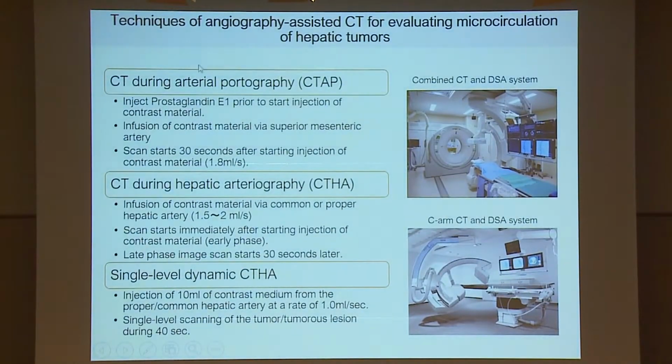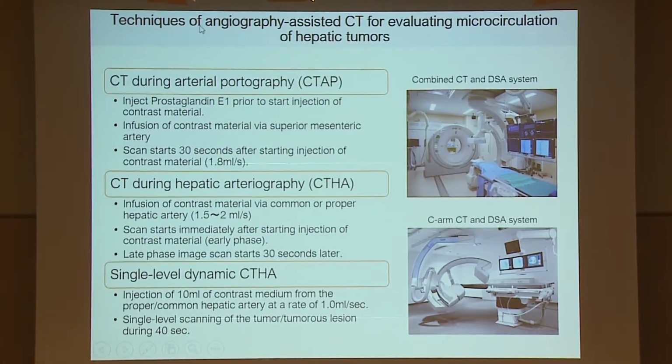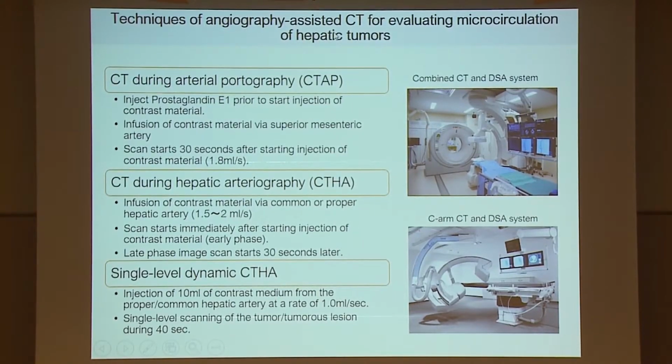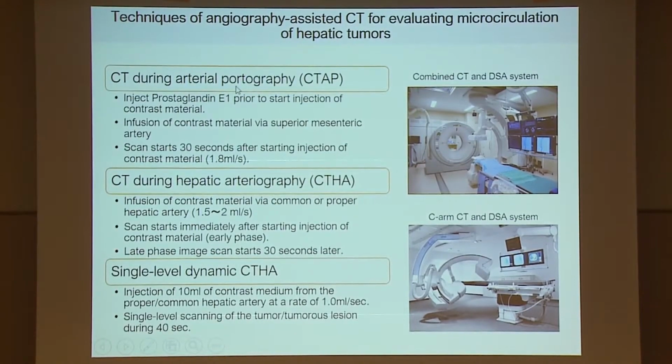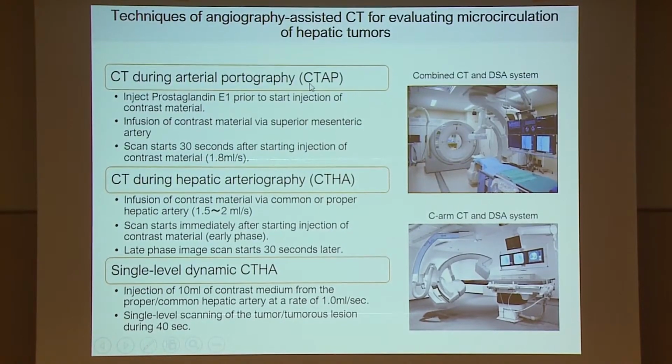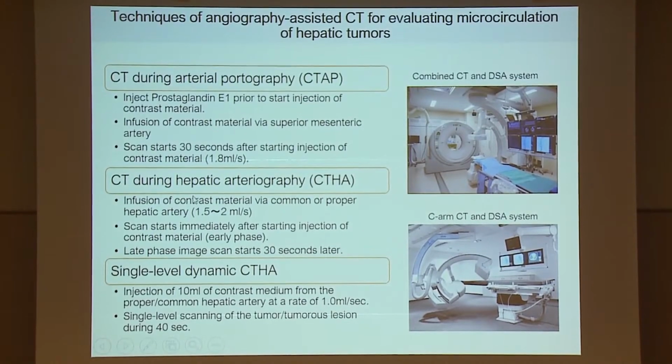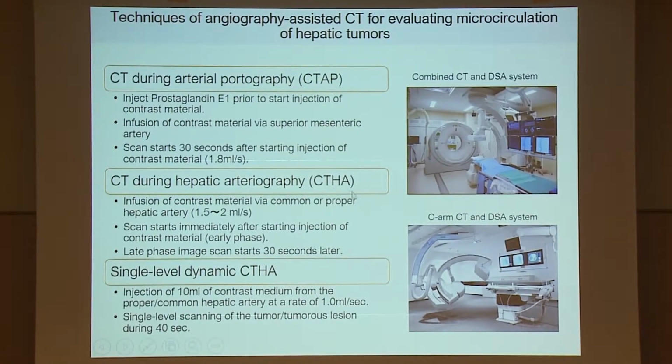Before my talk, I would like to briefly mention the technique of angiography-assisted CT for evaluating microcirculation of hepatic tumors. One is CT during arterial portography, called CTAP, and the second is CT during hepatic arteriography, called CTHA.